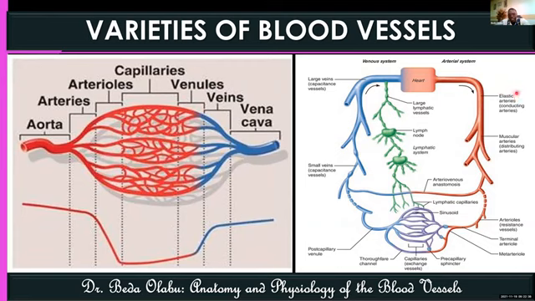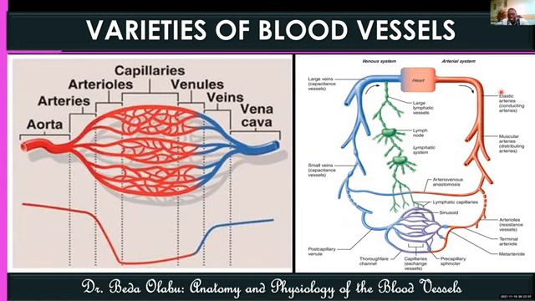Their aim is just to conduct the blood, and as they do that, they maintain the blood pressure. Then we have muscular arteries from a histological point of view, which now distribute that blood to the different body regions. Then from the muscular arteries, that's when you have the arterioles.